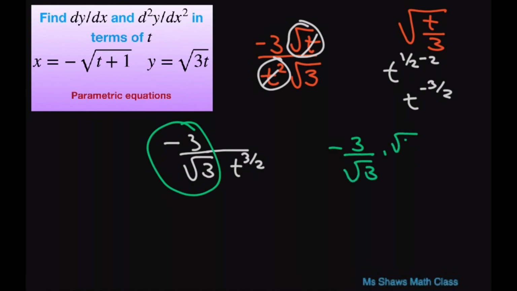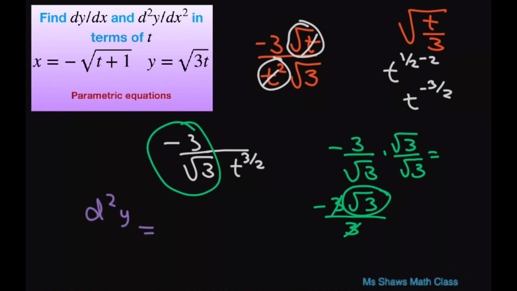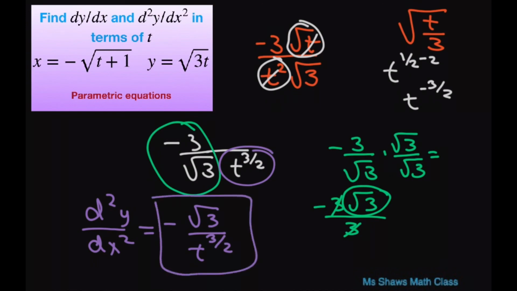So you rationalize the denominator, you're going to get negative 3 square root of 3 divided by 3. So that's just going to be negative square root of 3. So your final answer is going to be, let me write this out. The second derivative with respect to x is going to be negative square root of 3 divided by t to the power of 3/2. Lots of algebra in this one.